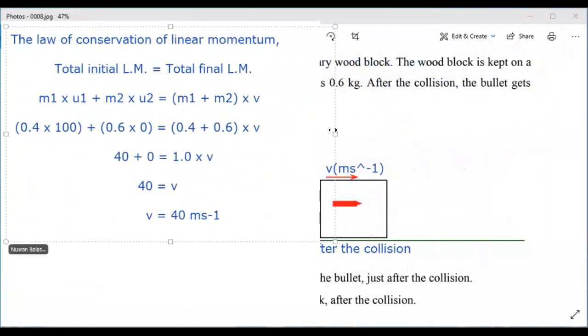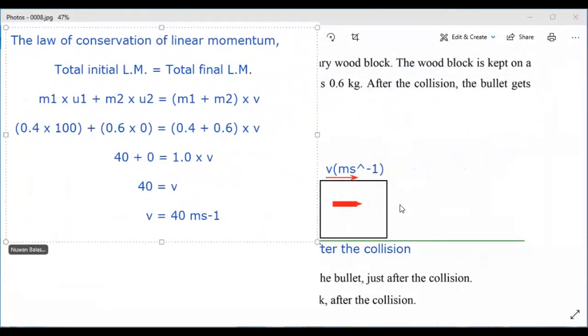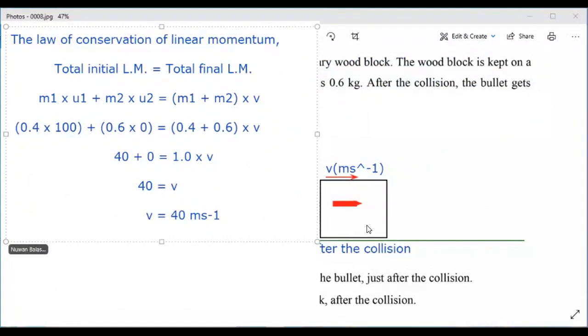What is the mass of the block with the bullet there, Lamai? What is the total mass of the block after the bullet gets into it? The total mass? 1 kilogram. 1 kilogram, sir. Very good. So I am going to erase this one because I don't have enough space. If you want any more time to draw these things, please take a screenshot. I have to erase it.